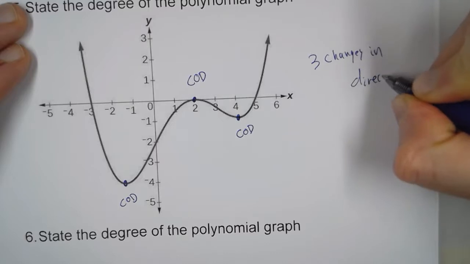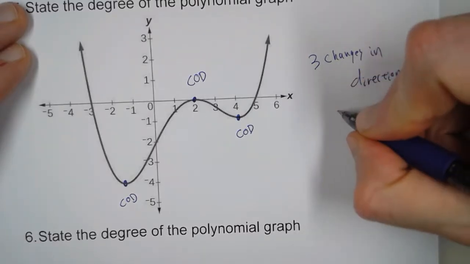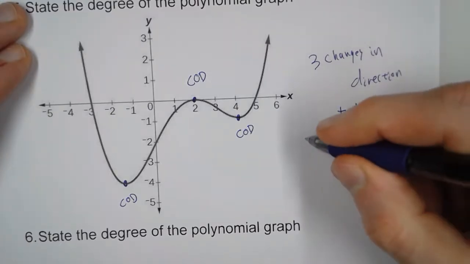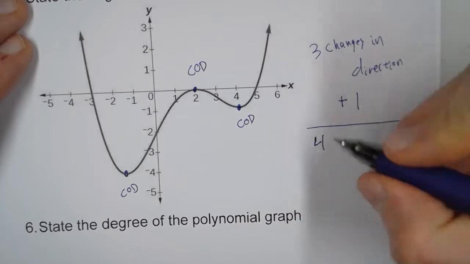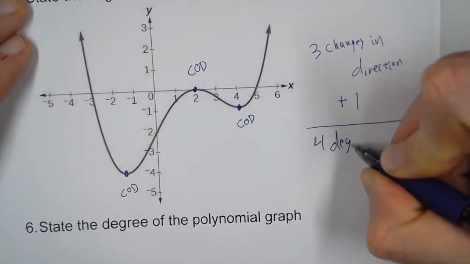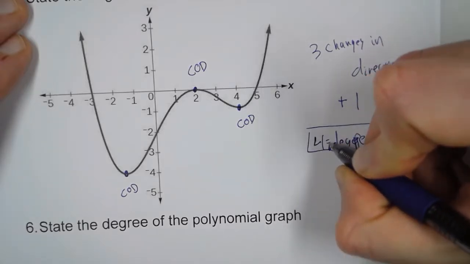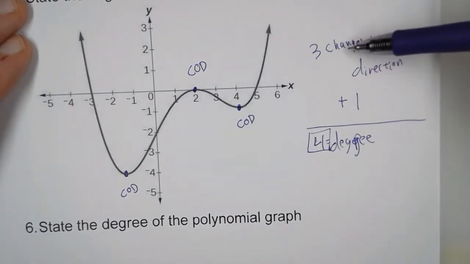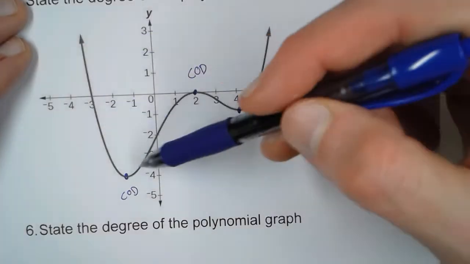So that means what we do is we take that number and we add 1. We always add 1. And so that means we end up with 4 as our degree. So whatever the number of changes in direction are, you add 1. And so this is a polynomial of 4th degree.